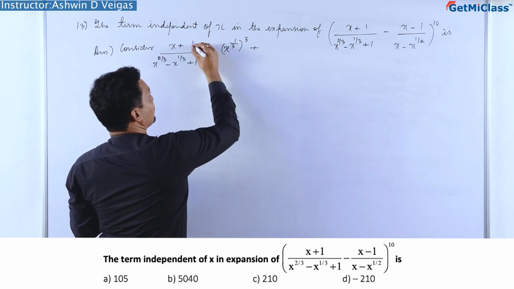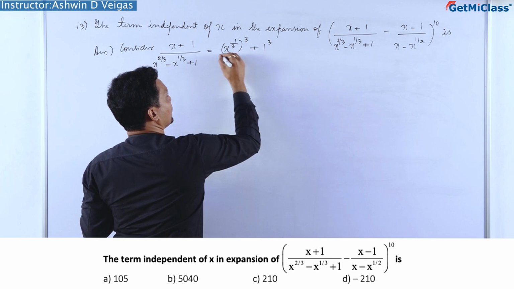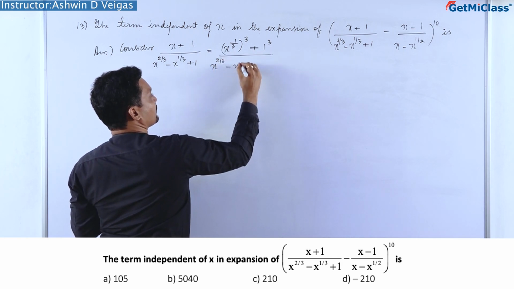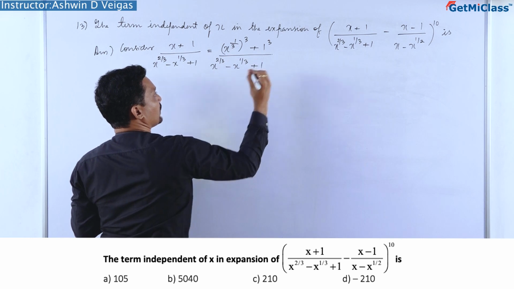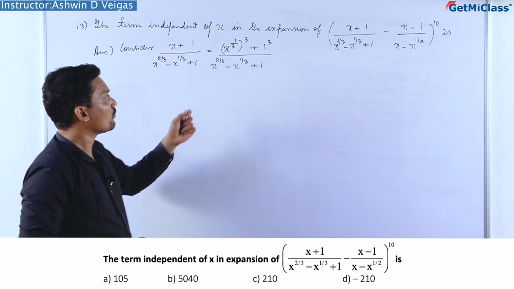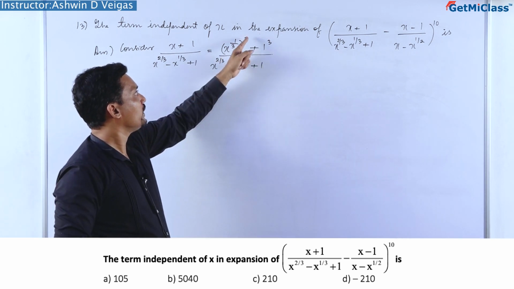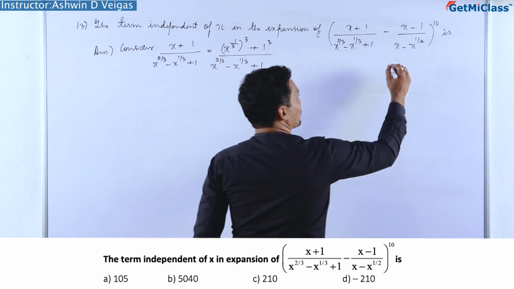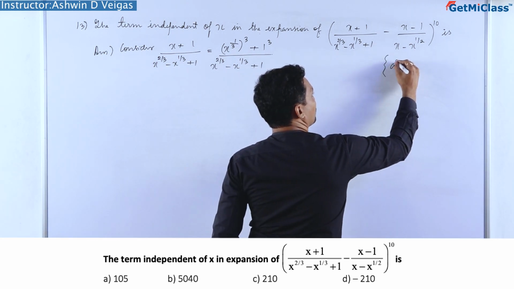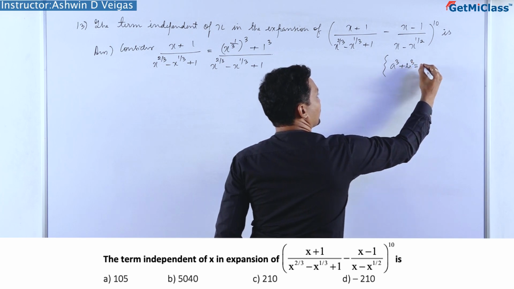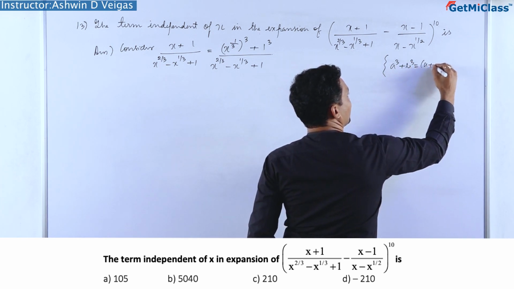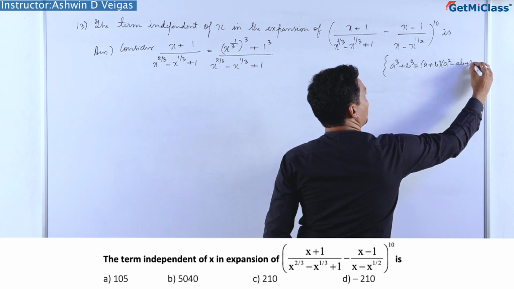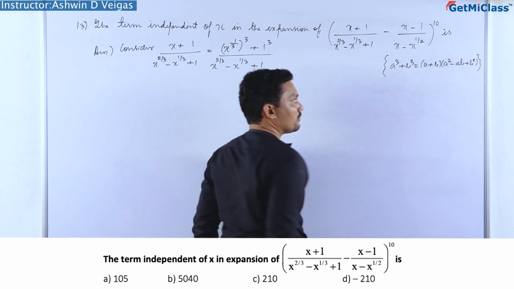Similarly, this 1, let me write it as 1 cube divided by x power 2 by 3 minus x power 1 by 3 plus 1. Why I have written this is in the form a cube plus b cube. Let me recall that formula: a cube plus b cube is nothing but a plus b into a square minus ab plus b square. So, this is the formula.